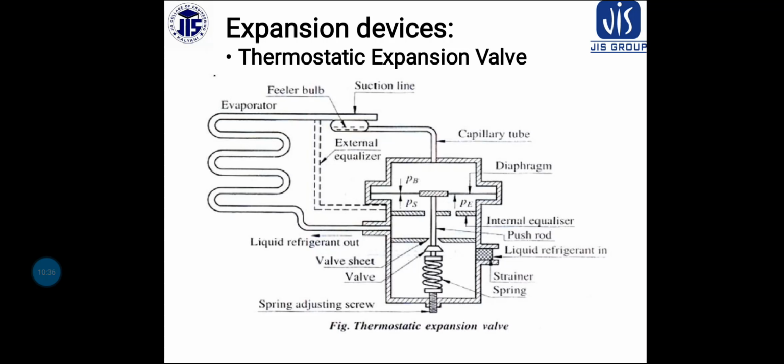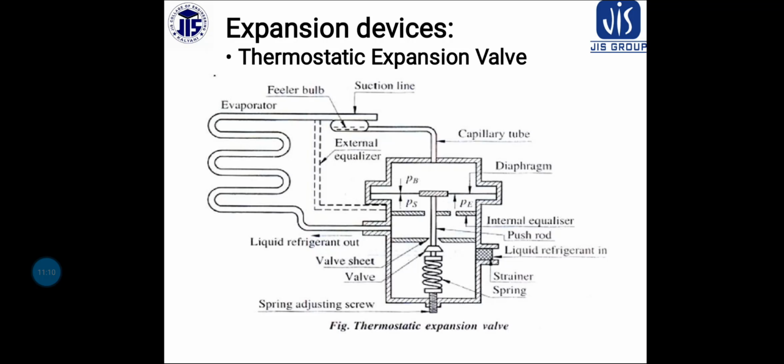The remote bulb, charged with fluid which is open on one side of the diaphragm through a capacity tube, is clamped firmly to the evaporator outlet. The temperature of the saturated liquid in the vapor mixture is the same as the temperature of the superheated gas leaving the evaporator at that location.